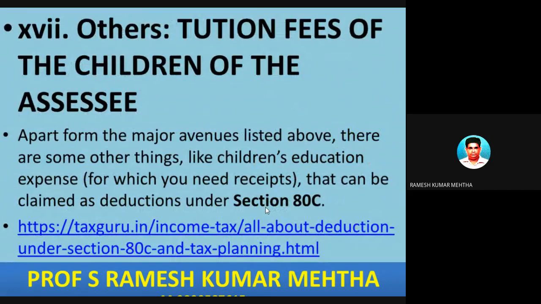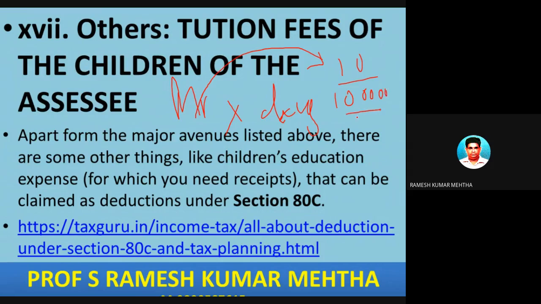And the last one under section 80C is tuition fees of children of the assessee. For example, Mr. X has a daughter, and the daughter is studying in 10th class, and the assessee is paying the school fees of 1 lakh rupees. Out of this 1 lakh rupees, for example, in this case 50,000 is towards tuition fees.